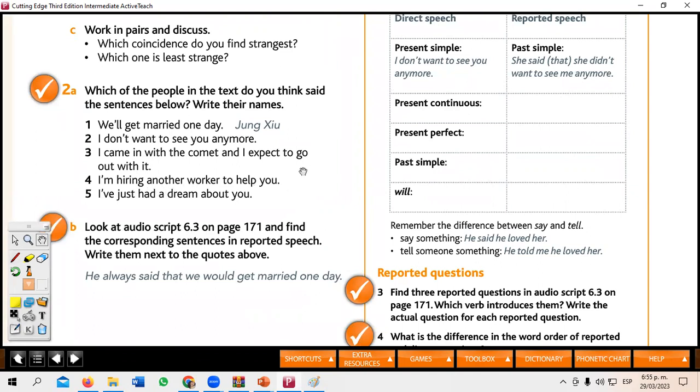I am hiring another worker to help you. This is present continuous. Okay? Vamos a mirar de los ejemplos que tenemos en el punto 2. Completamos la tabla con el direct speech, que son los que tenemos acá, y al frente, el reported speech. Okay? And then we will study the differences in the tenses.